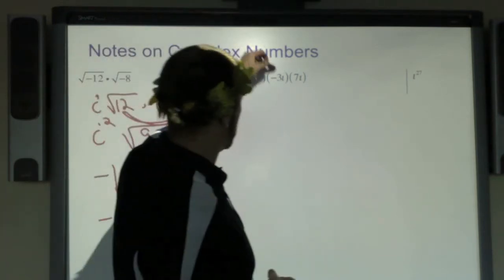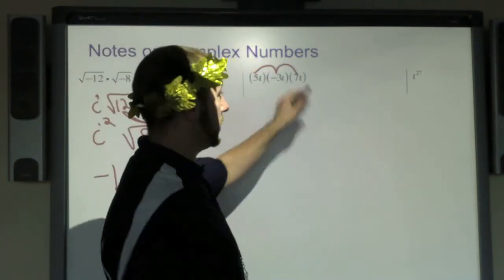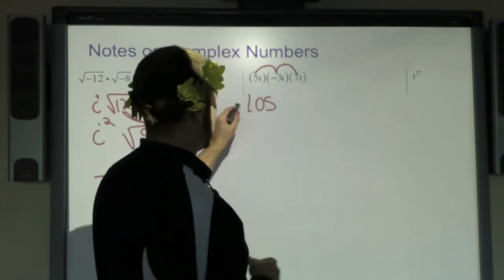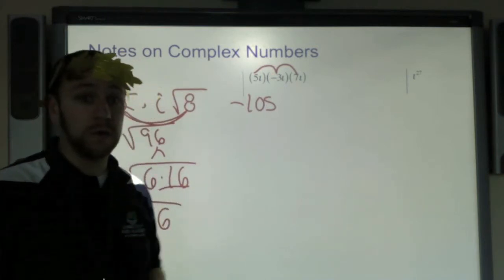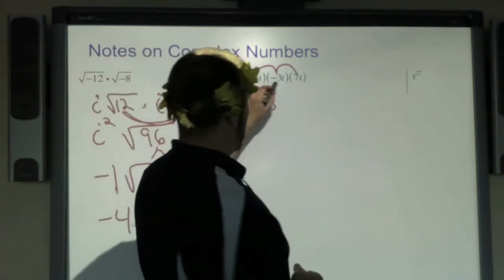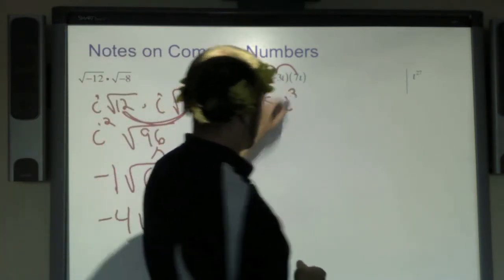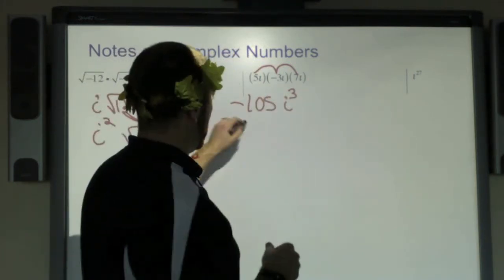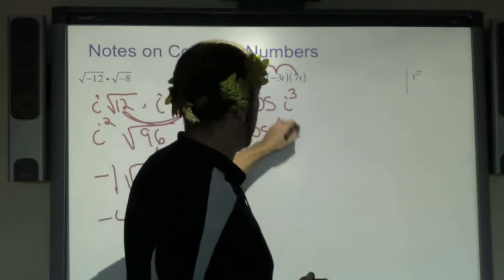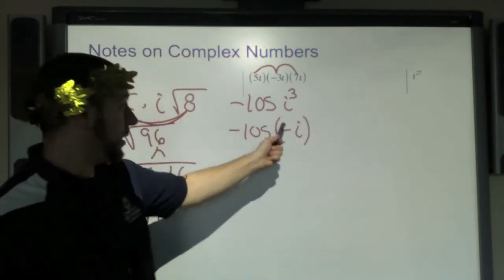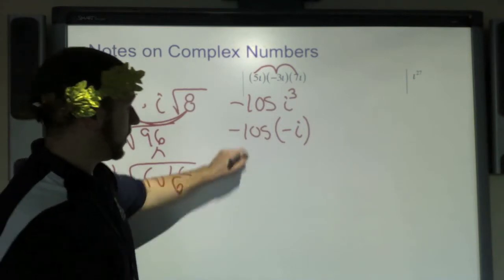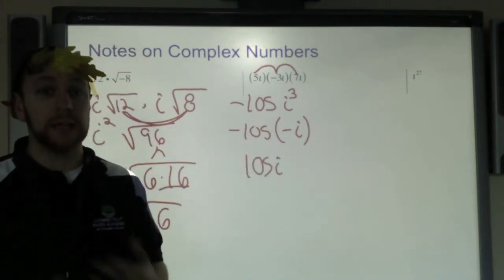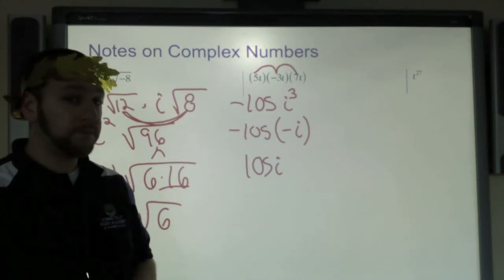Here, I'm just straight out multiplying. So what I do is I multiply the numbers. 5 times 3 times 7. That is 105. And that 3 is negative, so that's negative 105. And i times i times i is i to the third. But I remember back from my notes, i to the third is really negative i. So here I got two negatives, multiply those together, my answer is 105i. And that's where those i to the thirds come in.